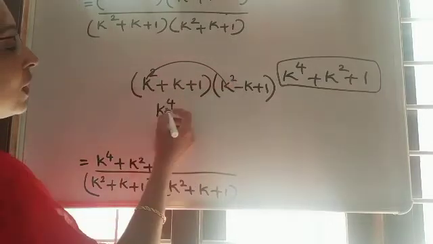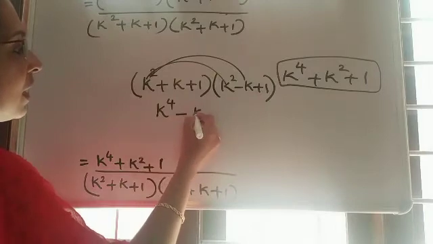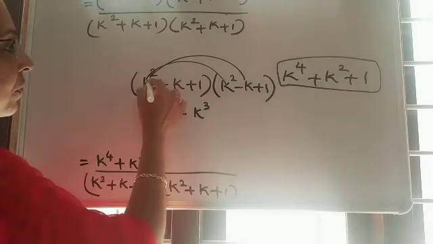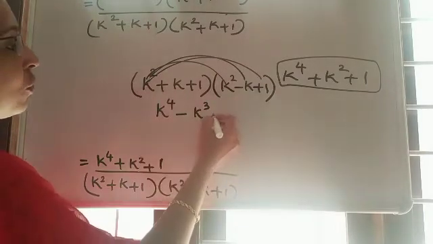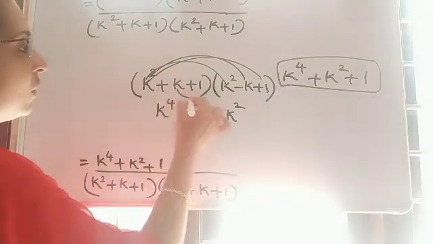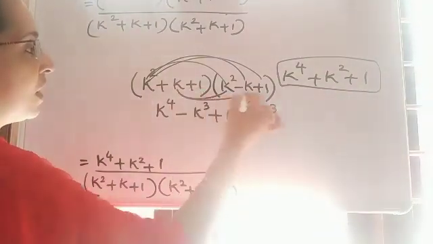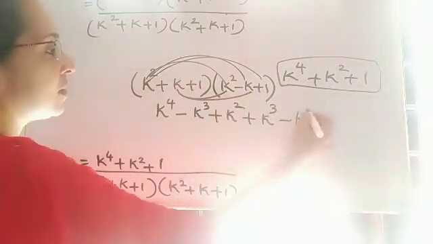K raised to 2 into K raised to 2 is K raised to 4. Then minus K raised to 3. Then here K raised to 2 plus K is plus K raised to 2. Then again with this plus K raised to 3. Then here again minus K raised to 2.